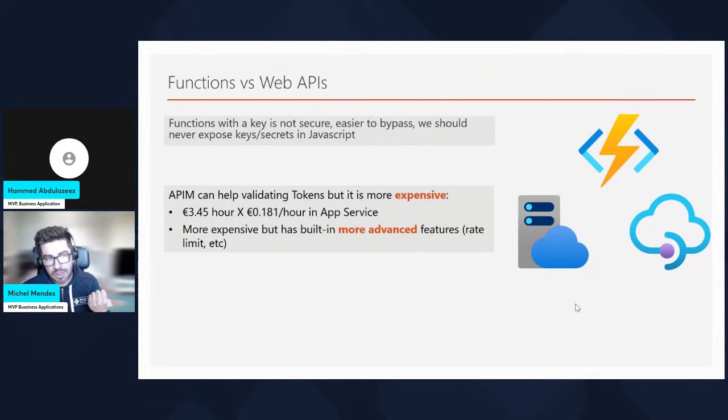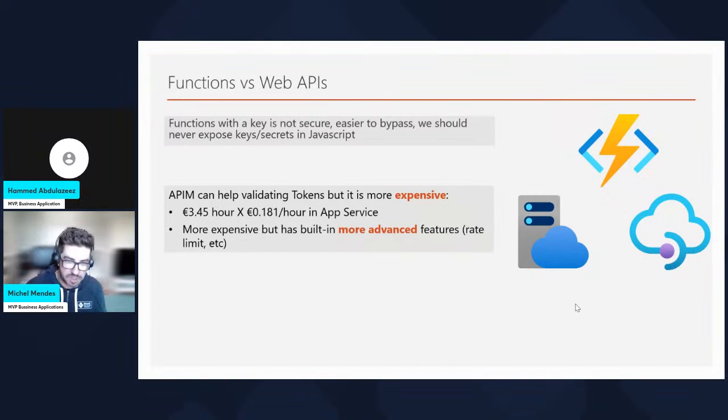You can actually use Azure API Management to validate tokens, but it is more expensive. So, bear in mind, if the budget allows you to use APIM, it's better. You can still use the Power Pages tokens to secure your function calls.